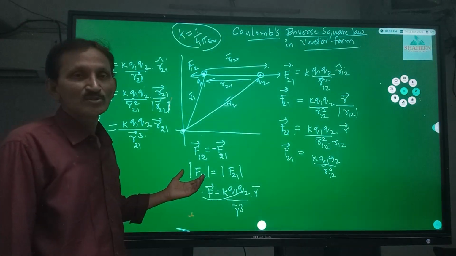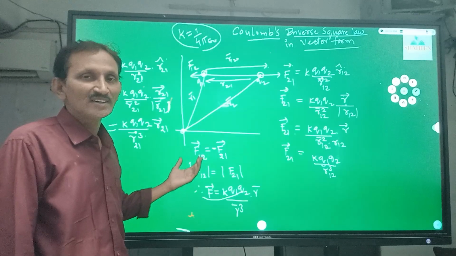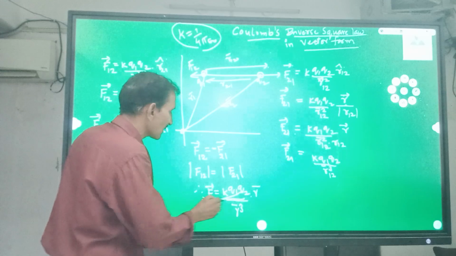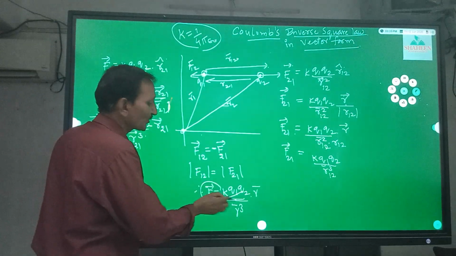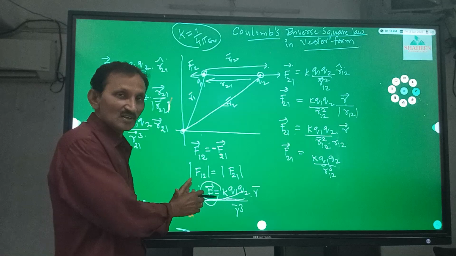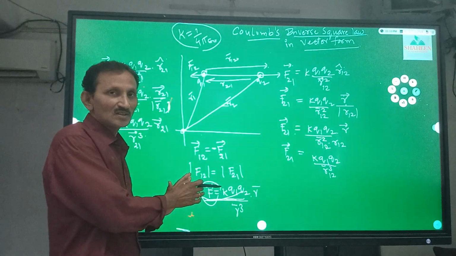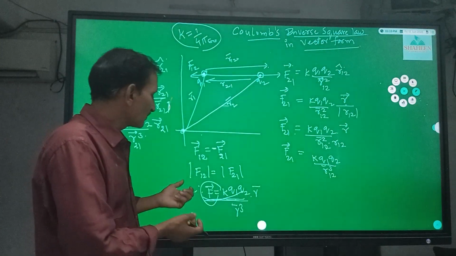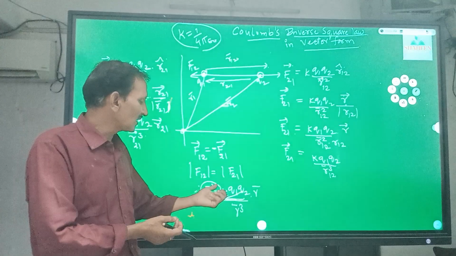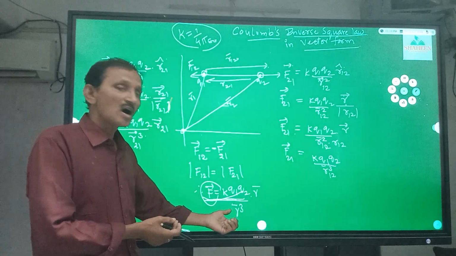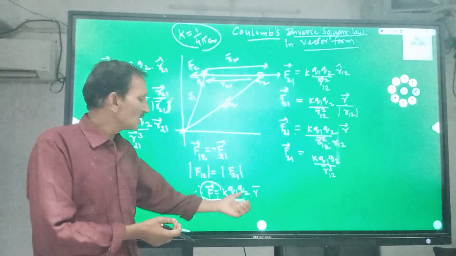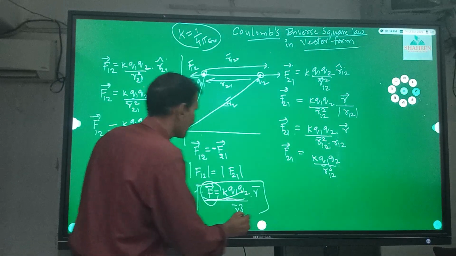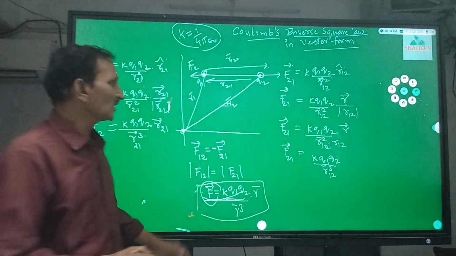Now consider the magnitudes. Neglect the sign and take only the magnitudes of these forces. The repulsive force between like charges is given by K Q1 Q2 by R cubed, times the vector R. This is the vector form.